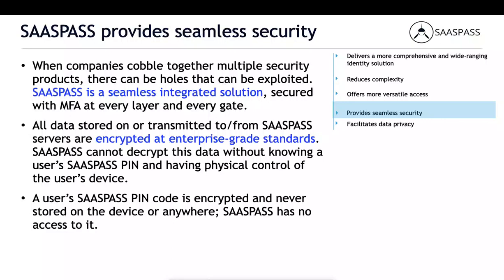And how could SAASPASS verify if this PIN is correct or not? It's SAASPASS's innovative way of using this PIN code as part of the key to encrypt and decrypt data. This is an extra parameter that nobody else uses as a key, so it's a key that only the user keeps in their mind. There is no footprint of those PINs that are part of the key for encryption and decryption.